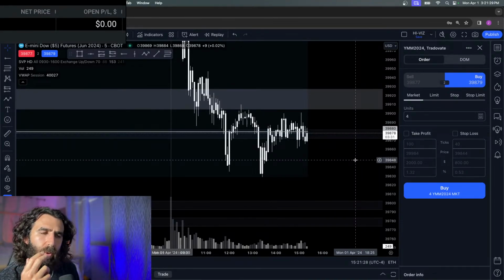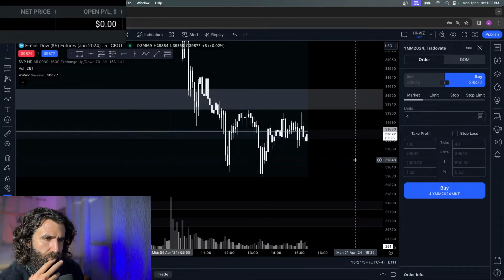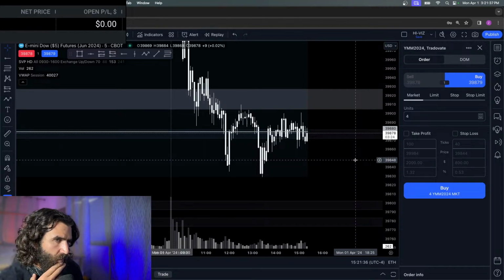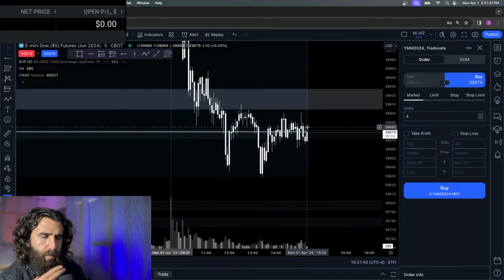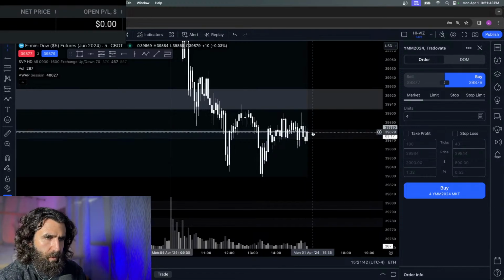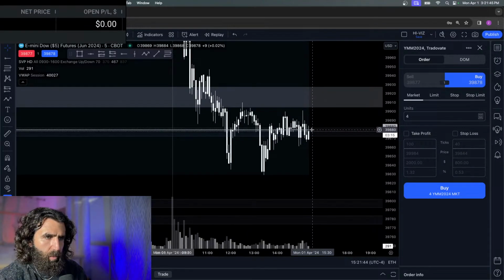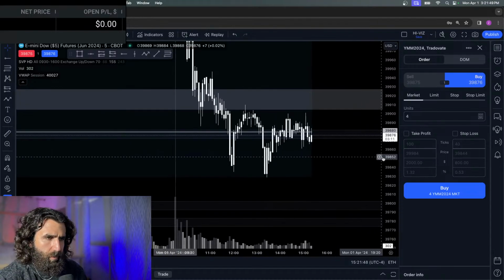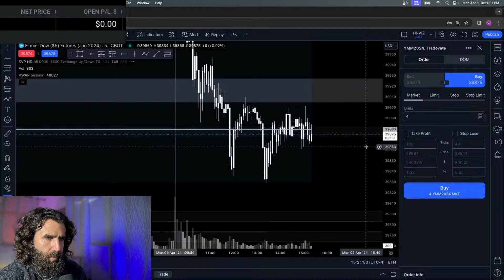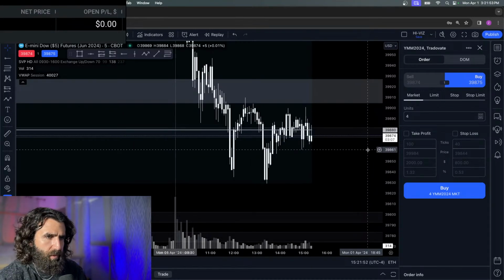This could be a tough one. Could be a tricky one to trade. Didn't break above any of the prior highs of recent candles. We're still below prior bar high. This to me is still looking bearish.